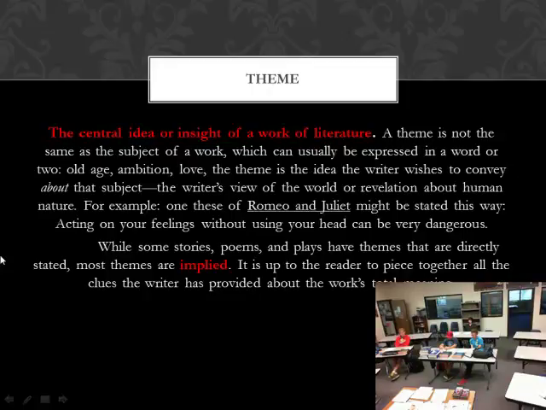At least I think it's kind of boring. The fun part about literature is you have to dig for stuff. You have to pull it apart. And the more you know, the more you understand about symbolism, the more you understand about character relationships, the more you'll see in stories, and the easier you'll find it to pull out a theme.